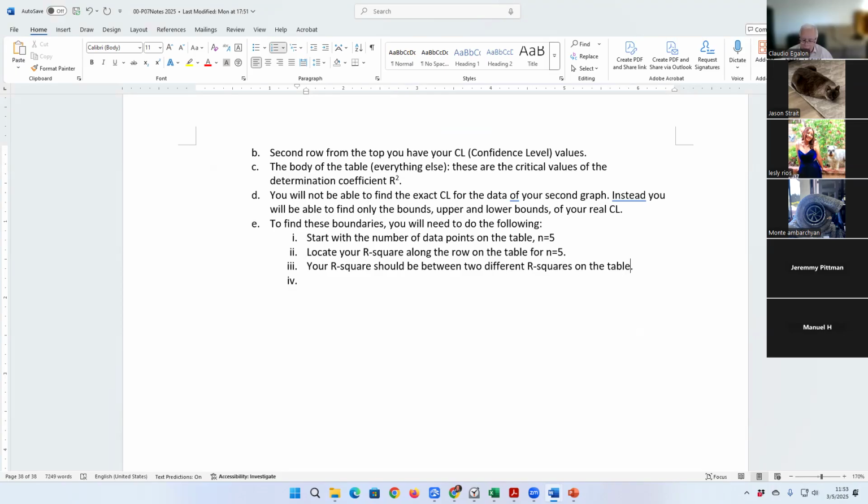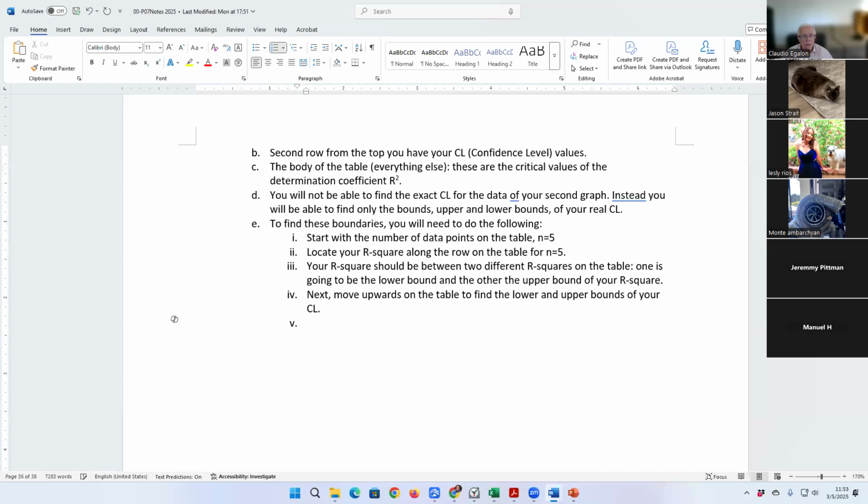One is going to be the lower bound, and the other the upper bound of your R square. You're not done yet. Next, move upwards on the table to find the lower and upper bounds of your CL. That's how you do it.